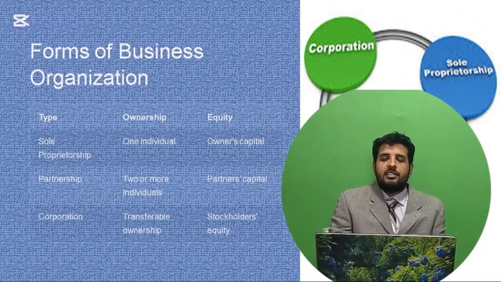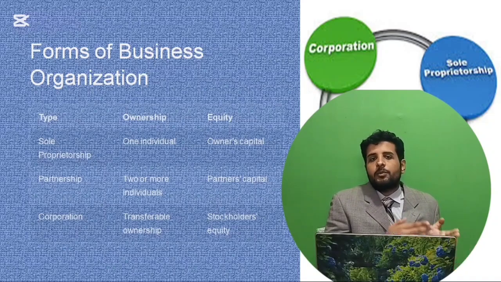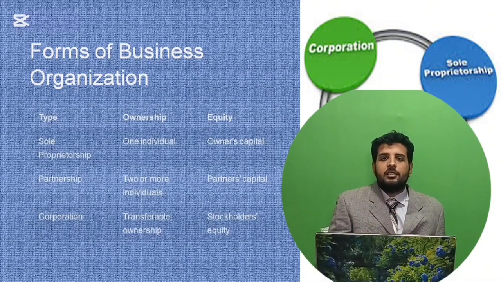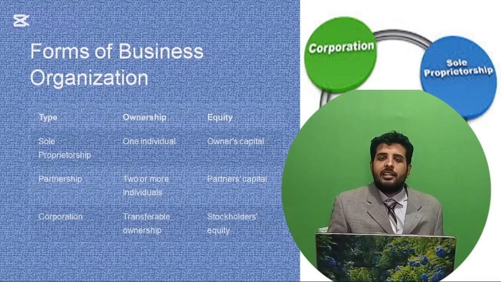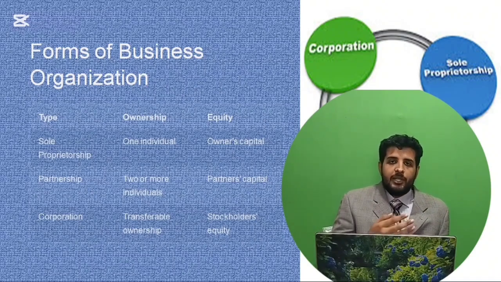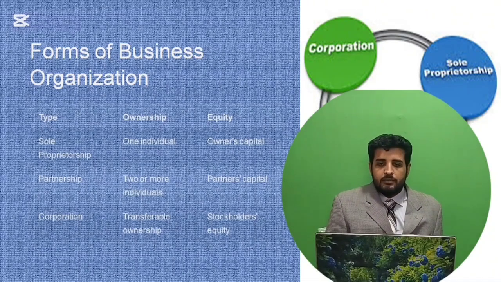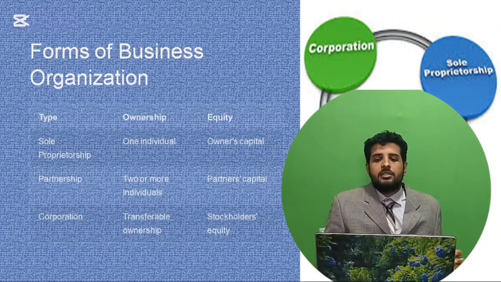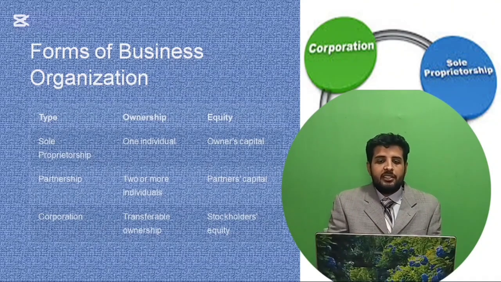forms of a business organization. There are three main forms of a business organization. One is sole proprietorship, in which there is only one individual, and he has invested all the capital, and the liability of this one individual is unlimited. And then we have the partnership. A partnership is owned by two or more people, with the equity divided among all of these partners, and their liability is also unlimited.